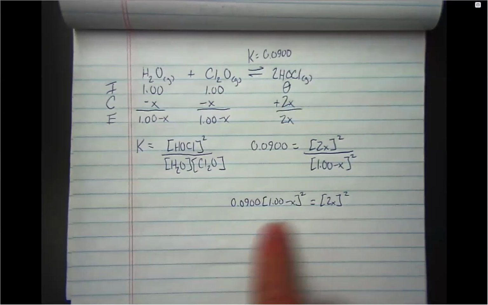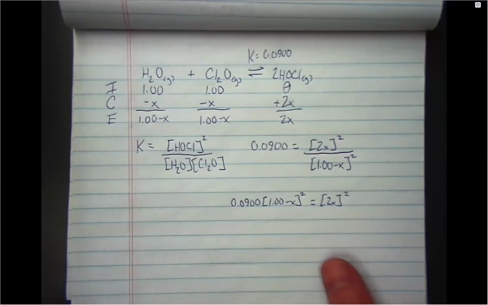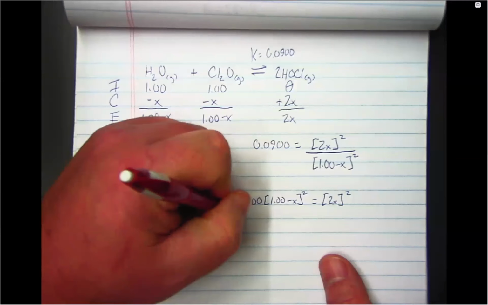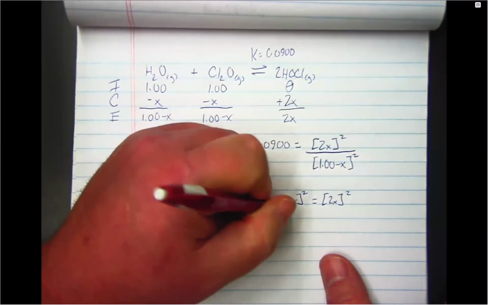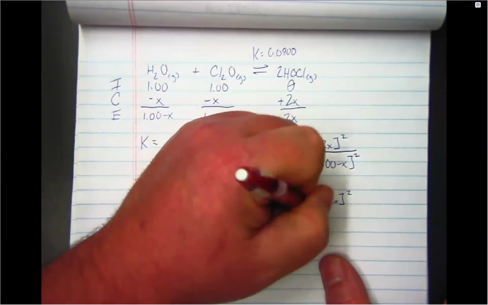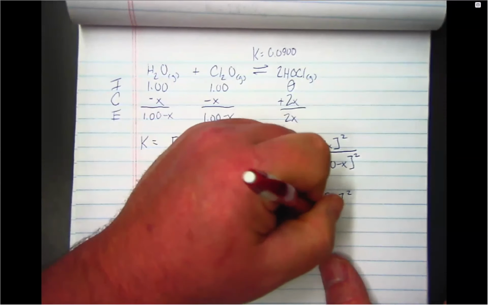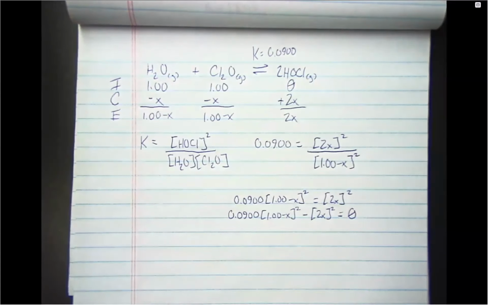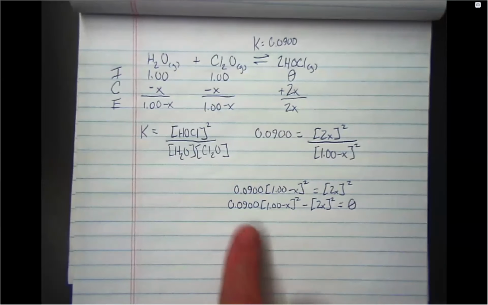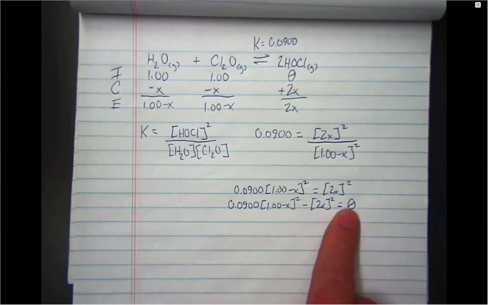We can move either one of these terms over to the other side. So something like 0.0900 times 1.00 minus x quantity squared minus 2x quantity squared is equal to 0. All right, now we have a form of the equation that we should be able to graph.